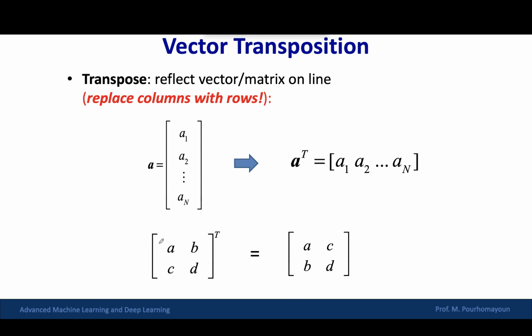So let's say this is matrix A and this is matrix A transpose. As you see over this line, I just replaced B with C. This is what transposition means: replace columns with rows.